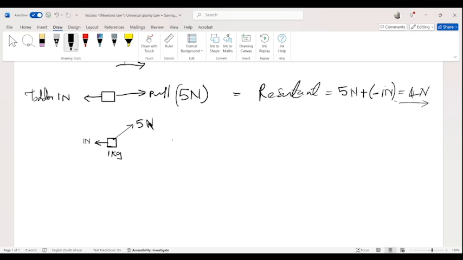Okay, first of all, let's say this is the ground and the ground is frictionless. What we're gonna have is an applied force which is at an angle, and now we want to resolve the resultant forces.